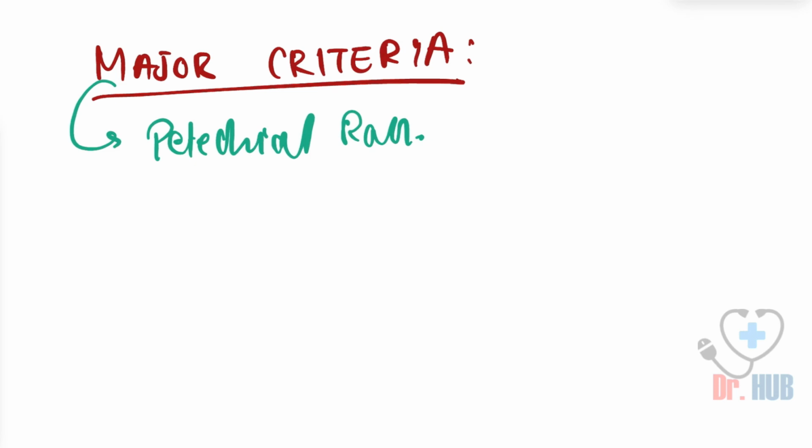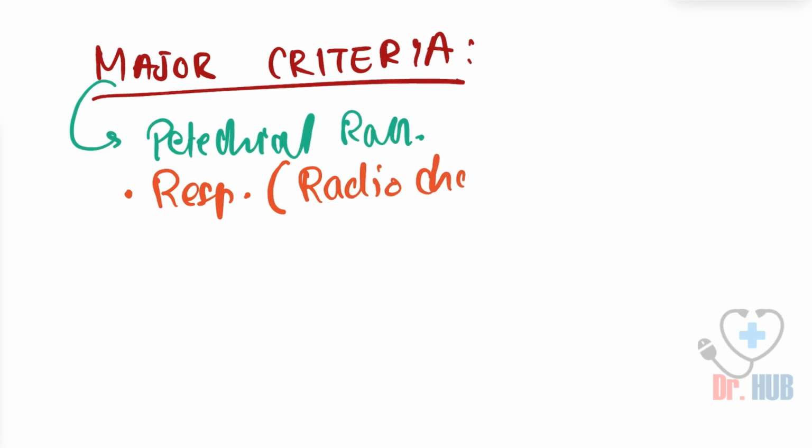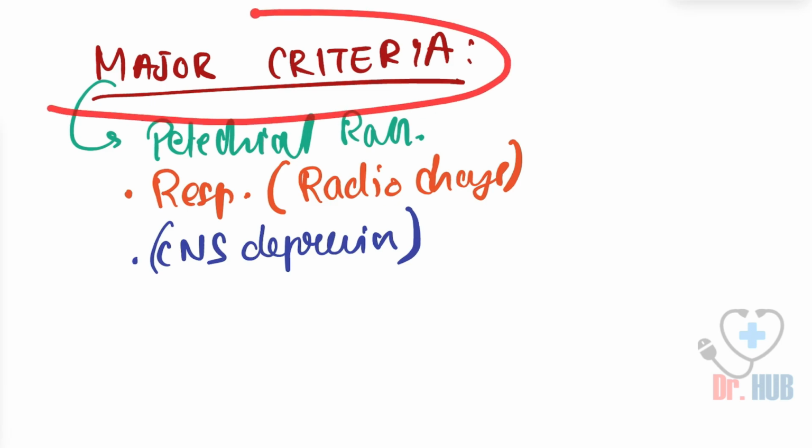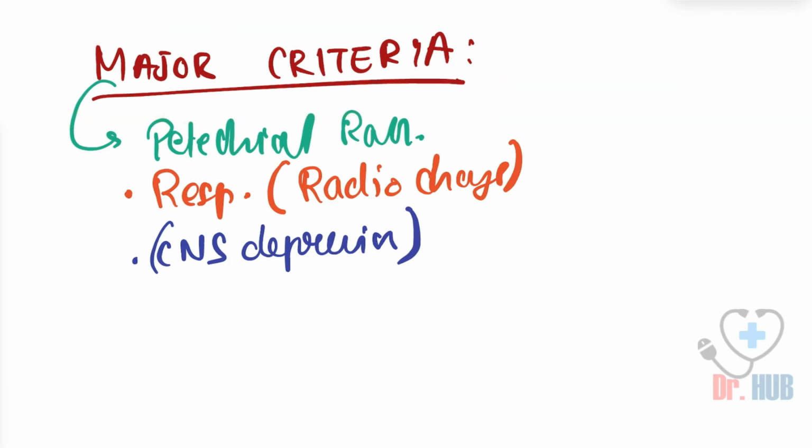Next, it also includes the respiratory symptoms associated with radiological change. Next, there is also the CNS depression. Just to recap, the major criteria in case of FES include the petechial rash, the respiratory radiographic changes, as well as the CNS depression.